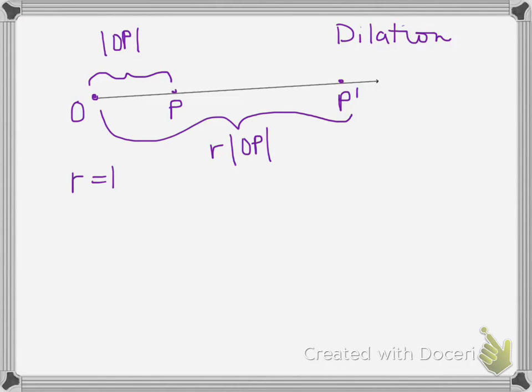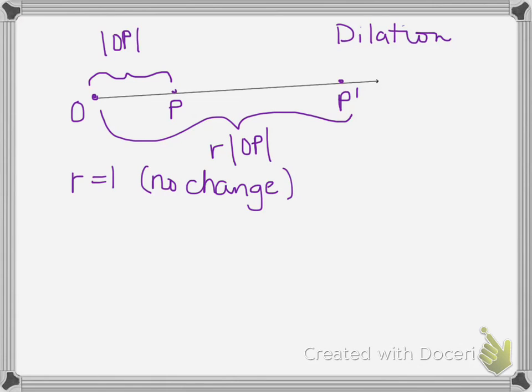Point P would stay in the same place because I'm only multiplying by 1. So P prime would be in the same exact location if R equals 1. If R equals 1, then our original figure has no change. Nothing moves.